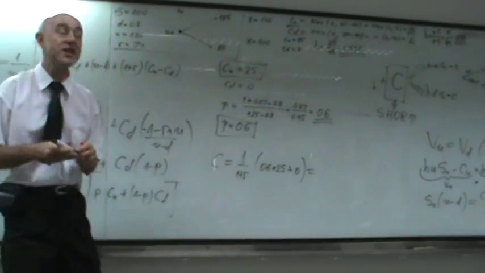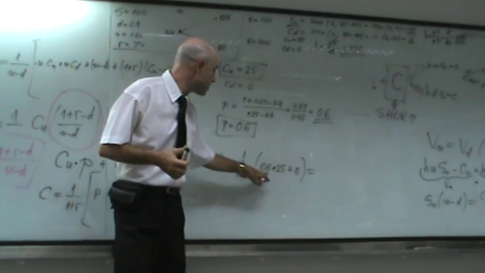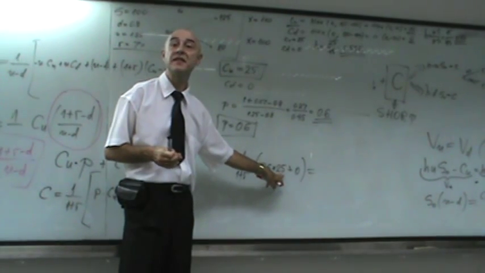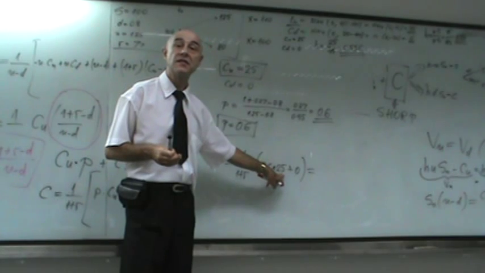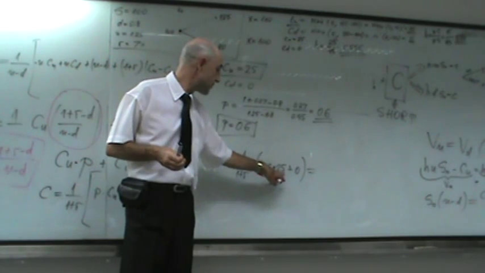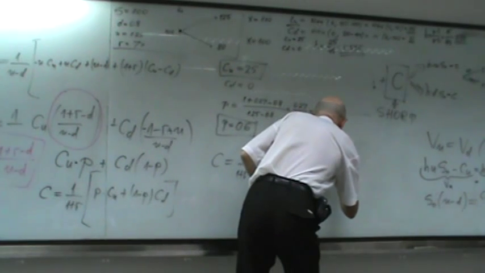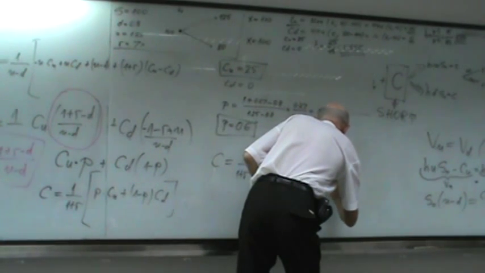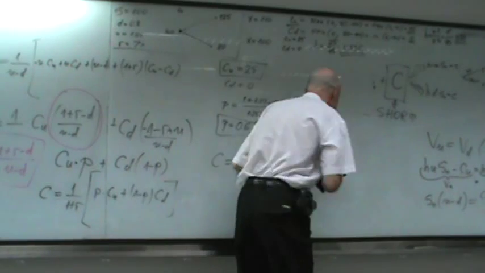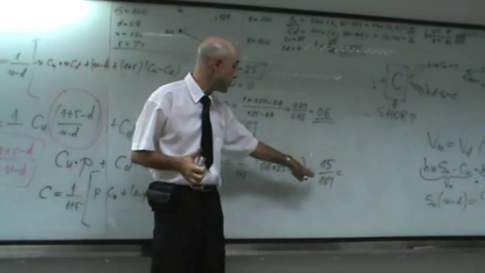All right, someone with a calculator, how much is 0.6 times 25? 15. 15 divided by 1.07. So what's the present value of 15?